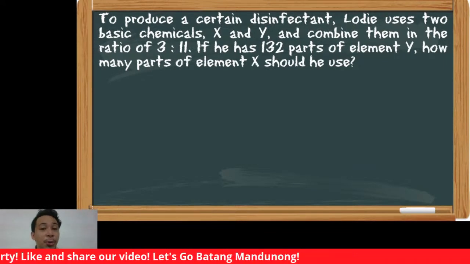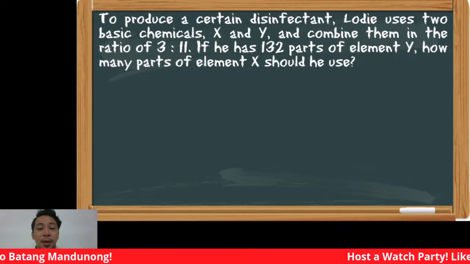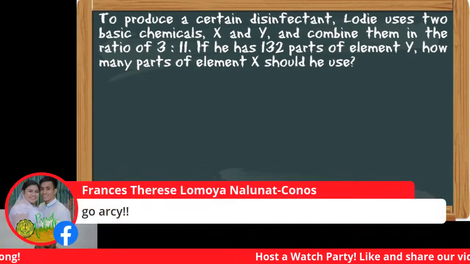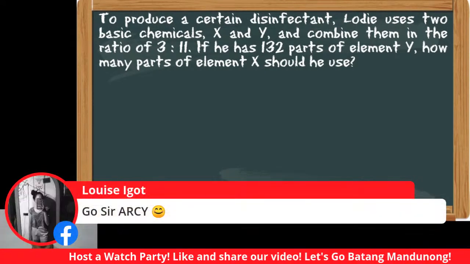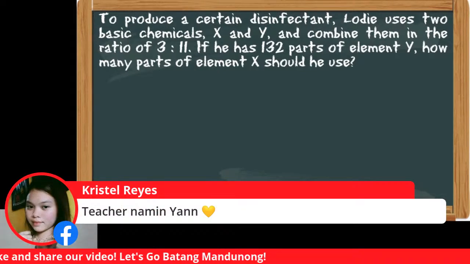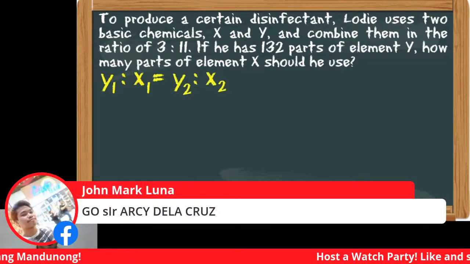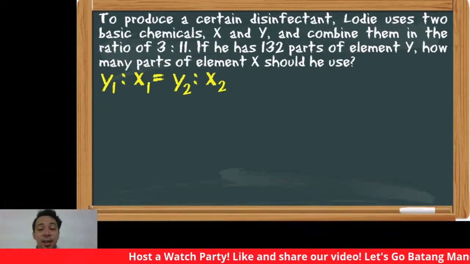We all know that this problem is a direct proportion because as you increase element X, element Y also increases. So we will be using the equation for direct proportion, which is y sub 1 is to x sub 1 equals y sub 2 is to x sub 2.